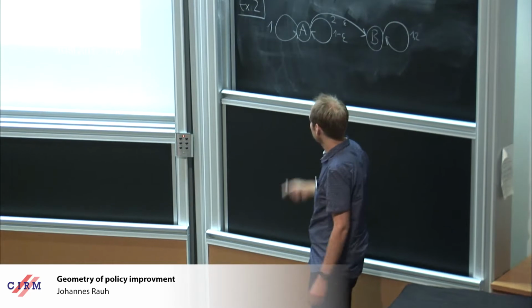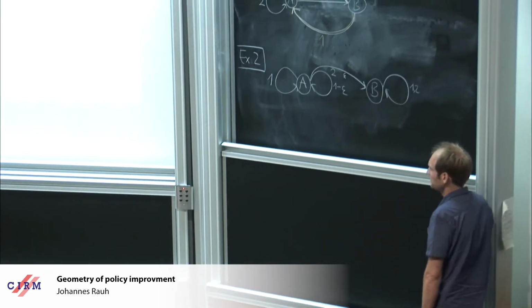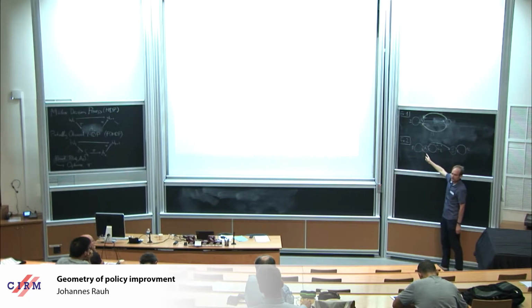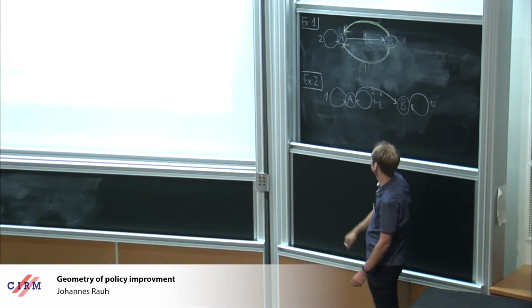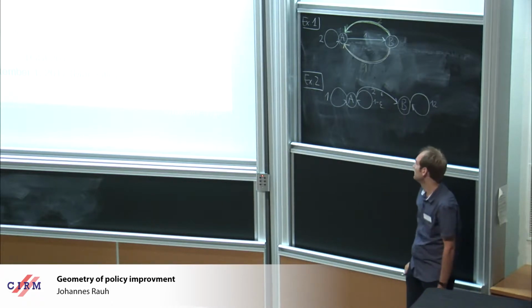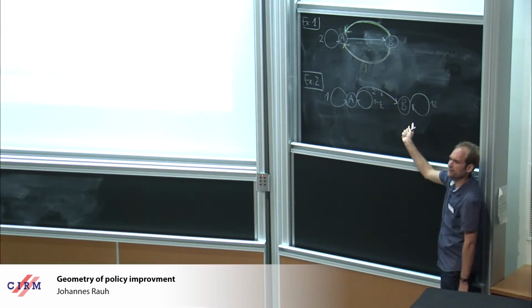It's another simple example. There are again only 2 states and 2 actions, but here action 1 means you stay at state A, and action 2 means with probability 1 minus epsilon you stay in A, but with probability epsilon you move to state B. But once you've reached state B, you will stay there forever.